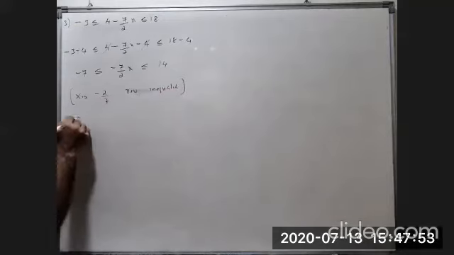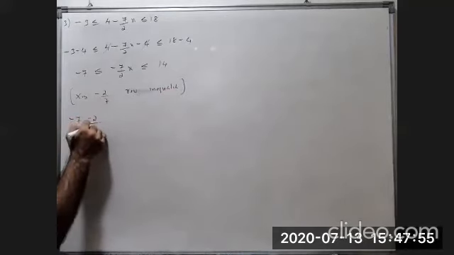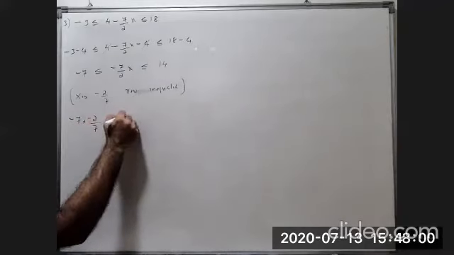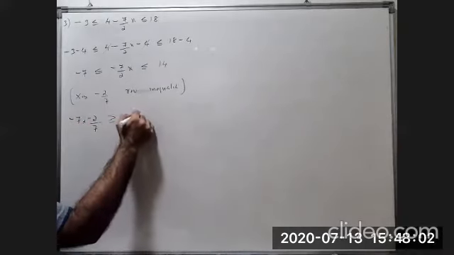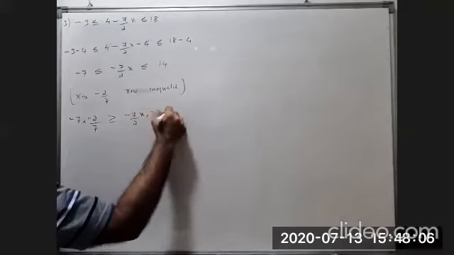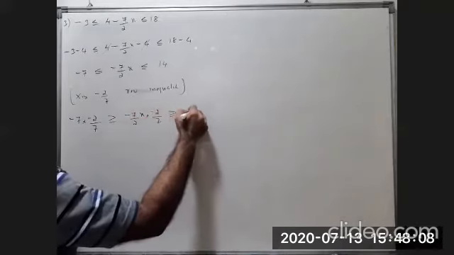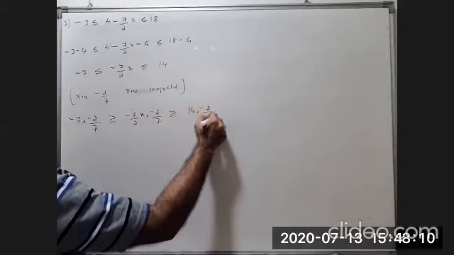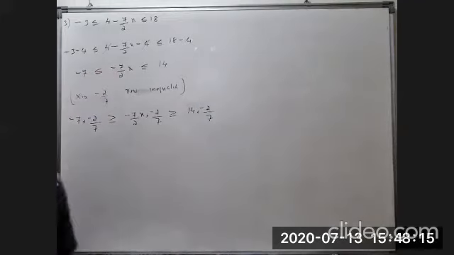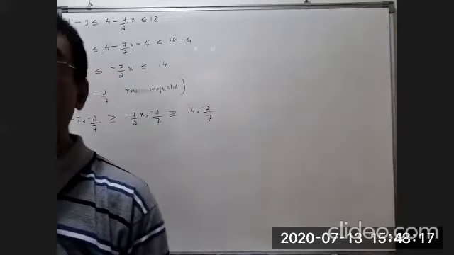So -7 multiplied with -2 by 7 greater than or equal to -7 by 2x multiplied with -2 by 7 greater than or equal to 14 multiplied with -2 by 7.